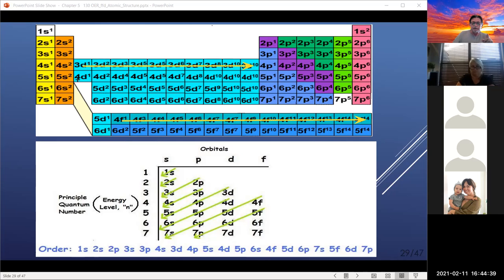But do notice this, element number 21, which, let me change the color here. Scandium, which is right here. Okay. Remember I said that the D elements, you don't need to worry about them until you hit number 21. Okay. So there's 21, I circled it.